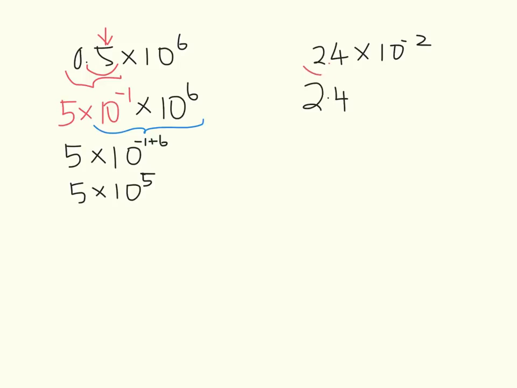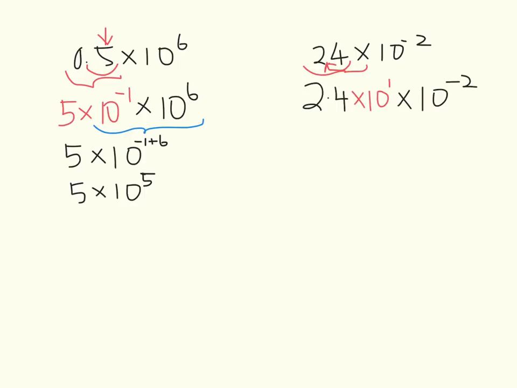If you rewrite 24 as 2.4, if you apply the rule, this number becomes smaller from 24 to 2.4, so the power becomes 1. So it's 2.4 times 10 to the power of 1, and we keep the original, 10 to the power of negative 2.